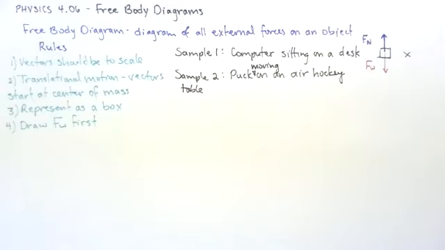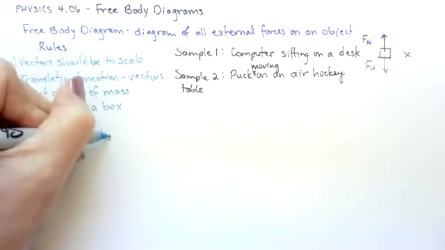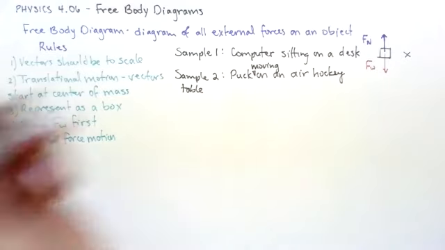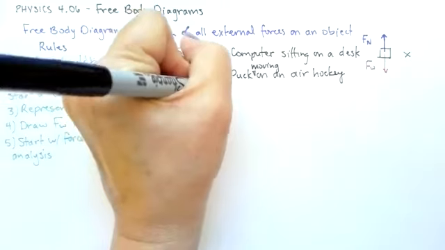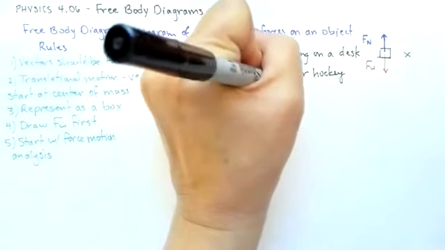So I would say rule number 5 is start with a force motion analysis. So right away, when I start to think of that, I can see that the sample problem I came up with has a problem. Puck moving on an air hockey table with constant velocity. I didn't have enough detail.